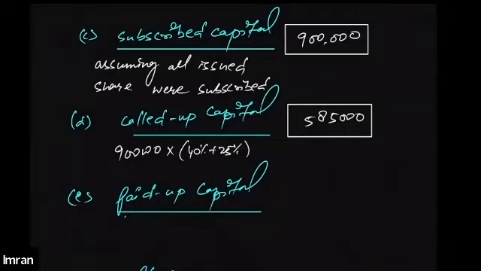So the total paid up capital is 3,60,000 on application and 1,69,000 on allotment. Let me calculate. 3,60,000 plus 1,69,000 is 5,29,000.